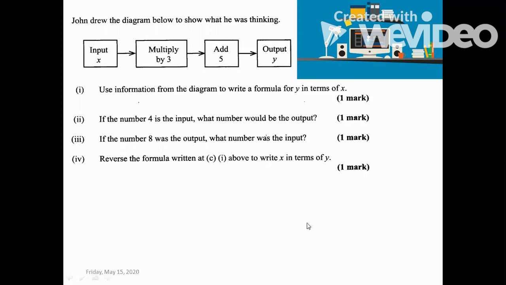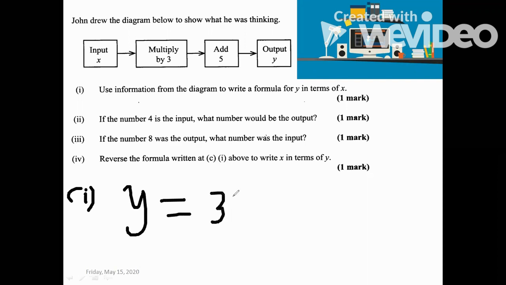All right, so for part 1, you input x and multiply by 3, so I'm thinking 3x, and you add 5. And that's it.